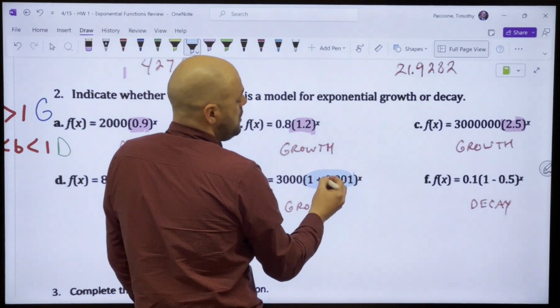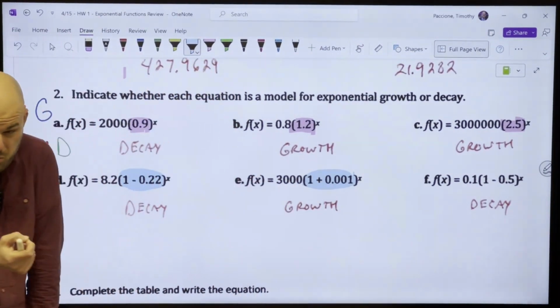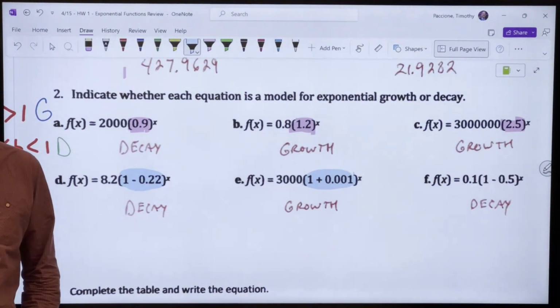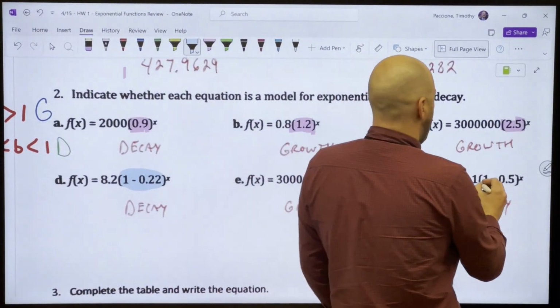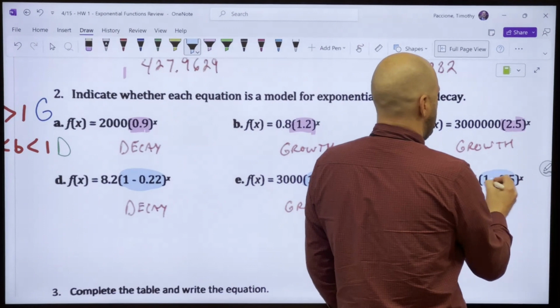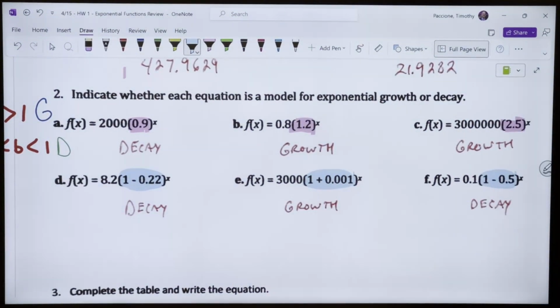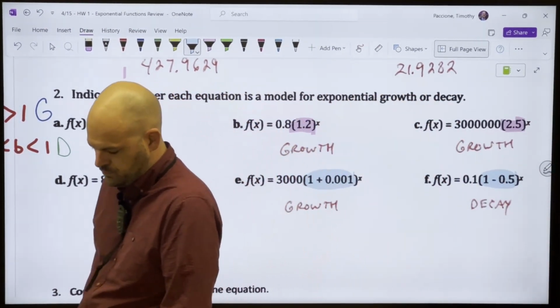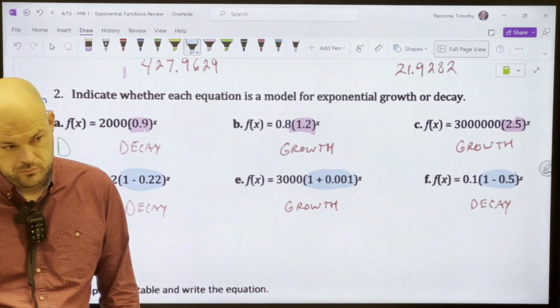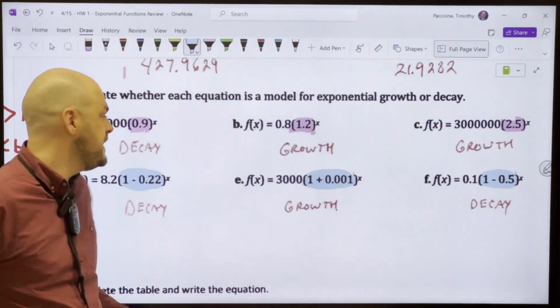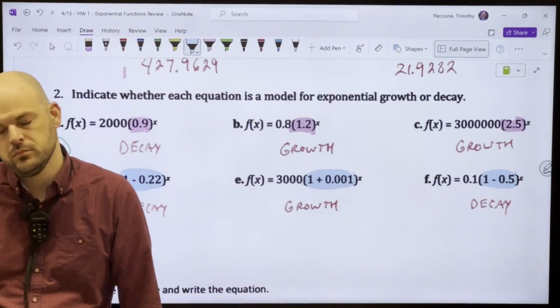So it's going to, even though it's very small, 1.001, right? It's still greater than 1. It's still going to grow very slowly. And this is 1 minus something. So it would go down. It would be decay, right? So would the rule be for those kind of equations, if it has a minus, it would be decay, and if it had a plus, it would be growth? Yes, for the most part, unless you were minus minus. Yeah, unless you were minus.